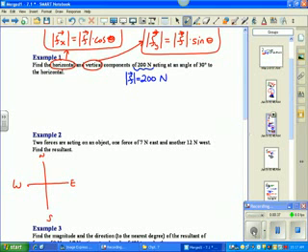So we're going to start by finding the horizontal, and we're going to remember from the previous video this formula we have here. So the horizontal component, the magnitude of F subscript x, is, well, we know the magnitude of F is 200 newtons, and that is multiplied by the cosine of 30 degrees.